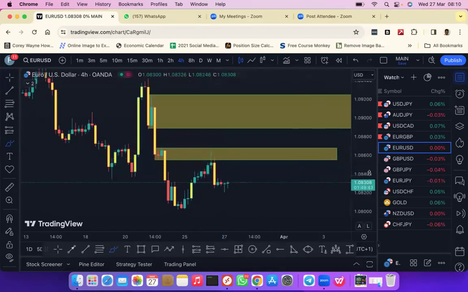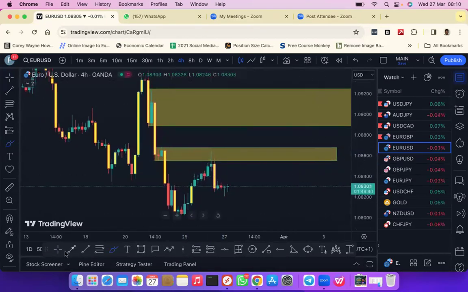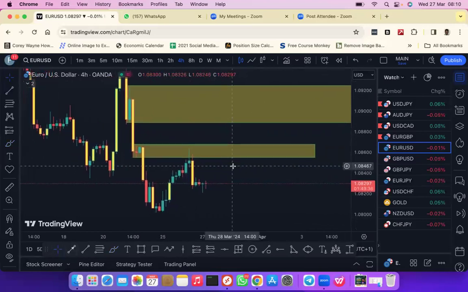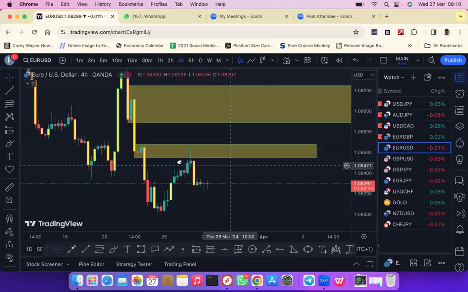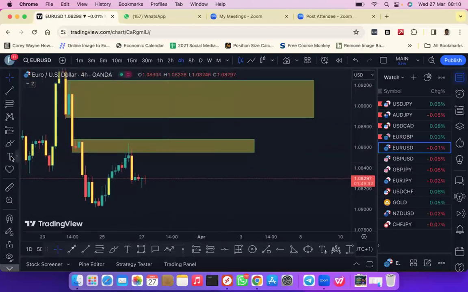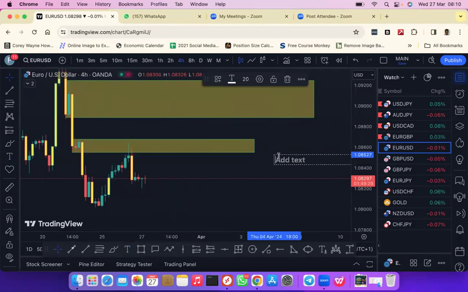Based on my trading system, let me reiterate it. Let me write it down: how I trade, a checklist. Checklist one is to find market structure.